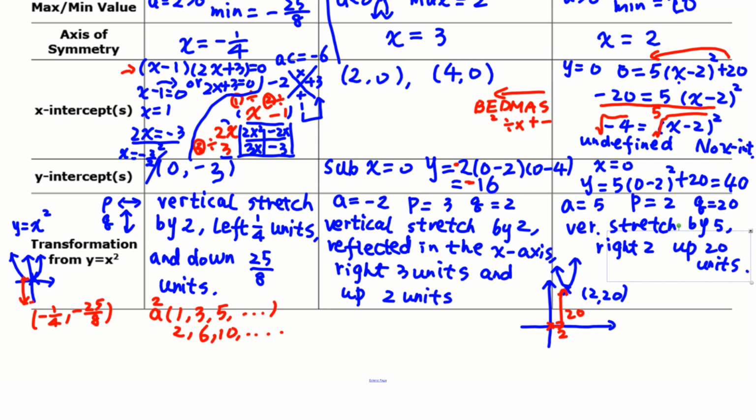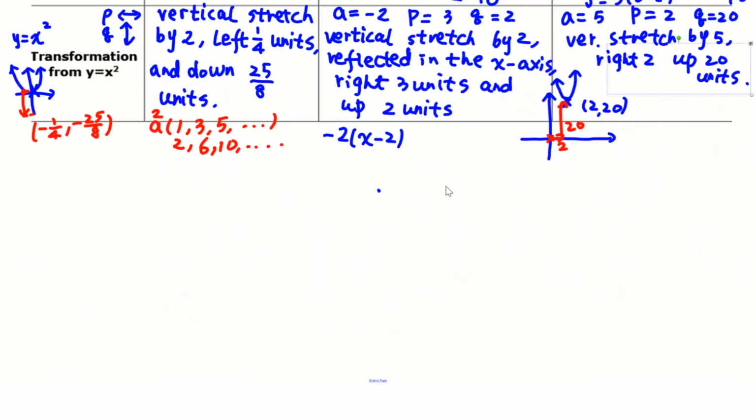So I will write down here, if you want standard form of -2(x minus 2) times (x minus 4), you just expand it. X times each term in the second bracket, so x squared minus 4x, then -2 times each term in the second bracket, you have minus 2x plus 8.